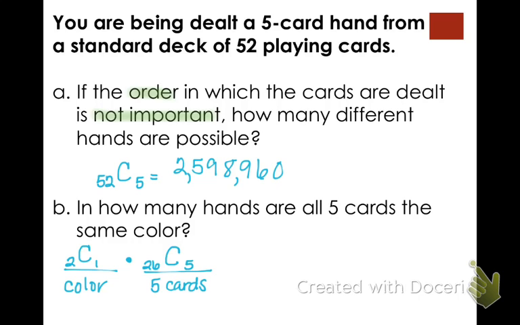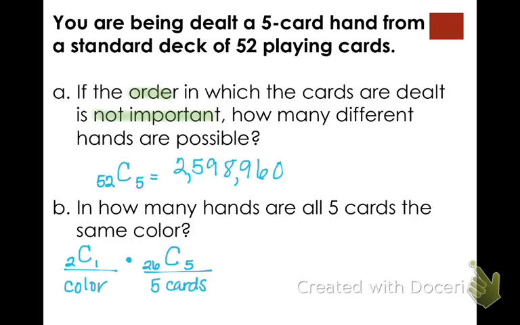Now that's kind of a tricky concept, so let me explain this one more time. The first thing we had to choose was the color, and there's 2, red or black. So that's where the 2 choose 1 came from. We're going to multiply that by however many ways there are to choose 5 cards out of the 26. So I have 2 different possibilities here. First, I choose red.